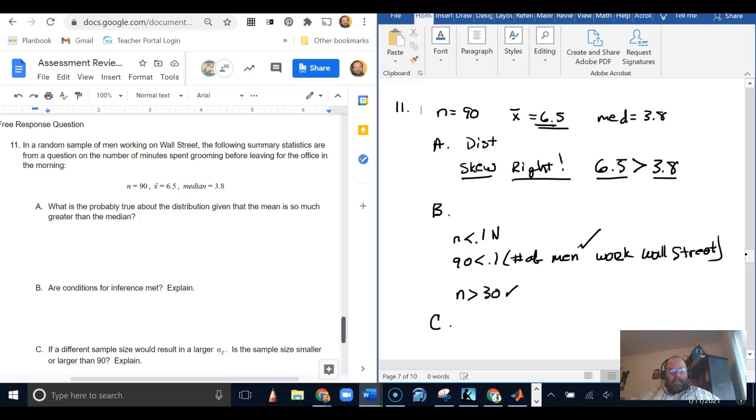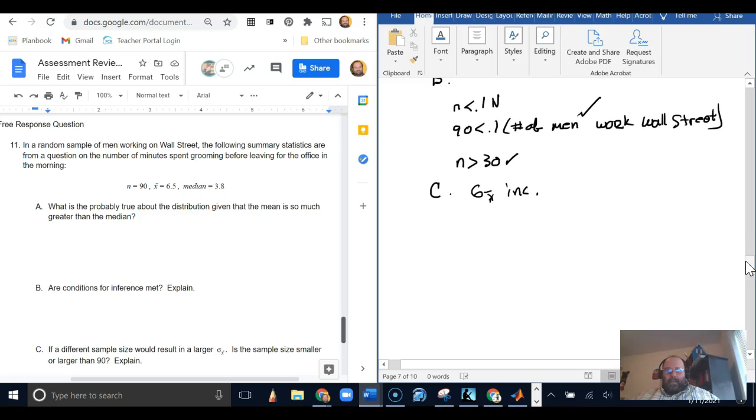Part C is that if I took a bigger or a different sample size, right, and it resulted in sigma x bar increasing, then would the sample size be bigger or smaller than 90? And I know that sigma x bar is sigma over square root of n.